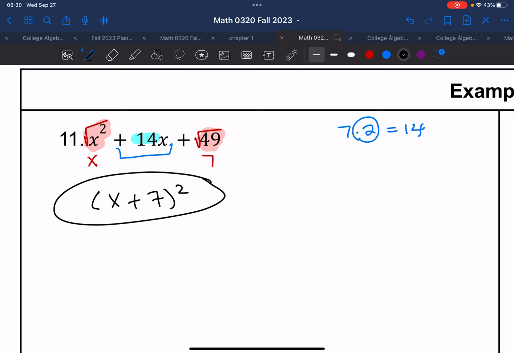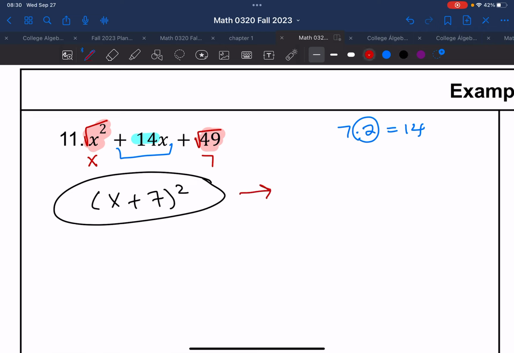Again, these are more special cases. We just have to check if all those conditions are true. If it's true, then we're able to factor right away, and we write our factor as a plus b squared, or a minus b squared. What's another way to write this?